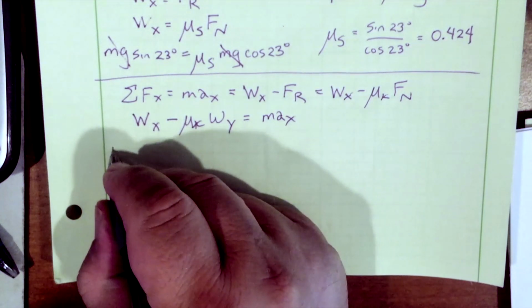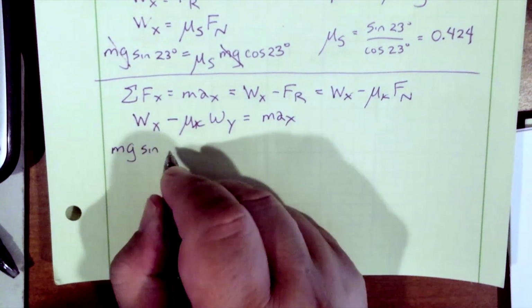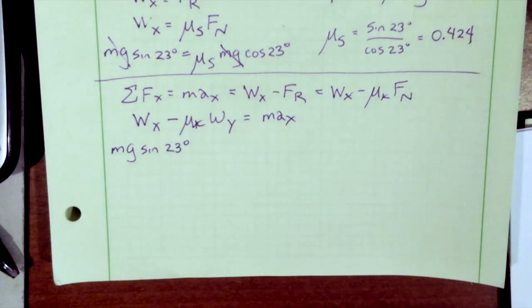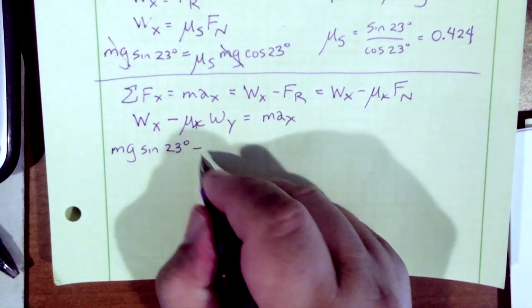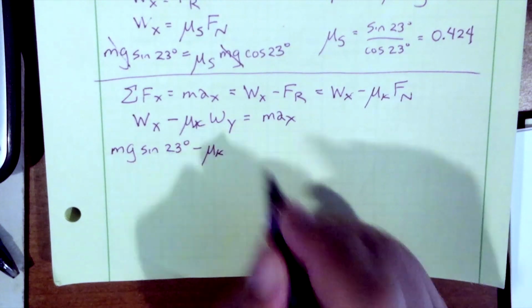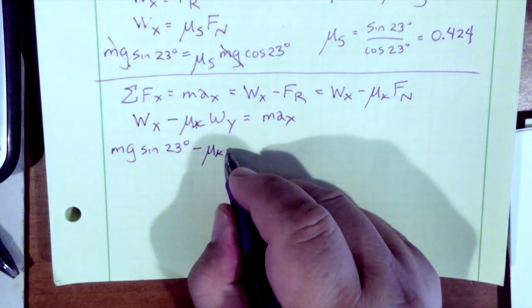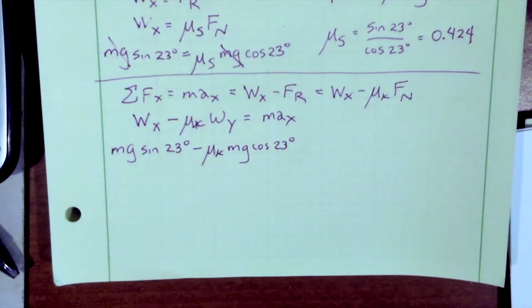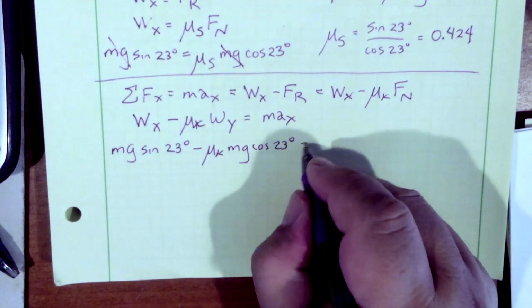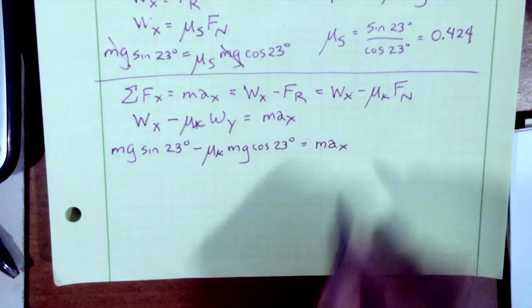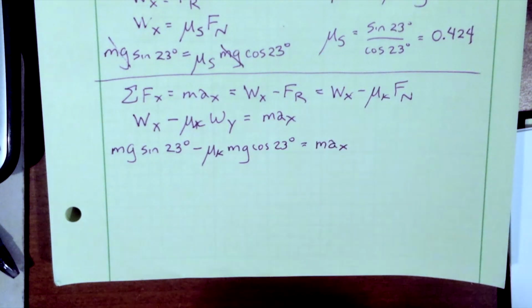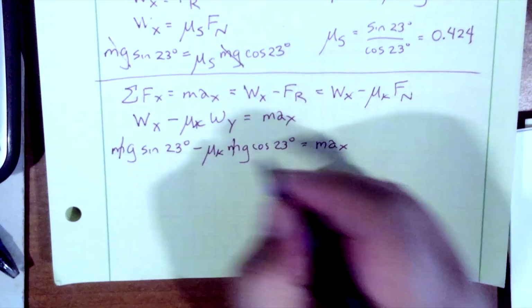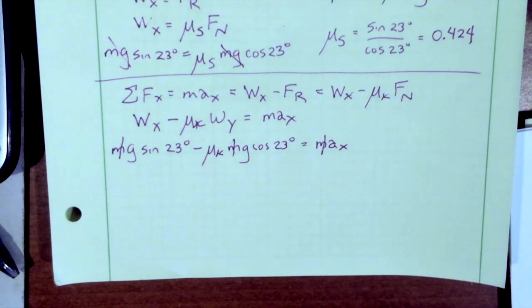Wx is mg sine 23 degrees. Wy, which is equal to our normal force, is mg cosine 23 degrees. And that's going to be equal to mass times the acceleration in the x direction. As in our previous problem, the mass is going to cancel out. The acceleration down the slope is independent of the mass.